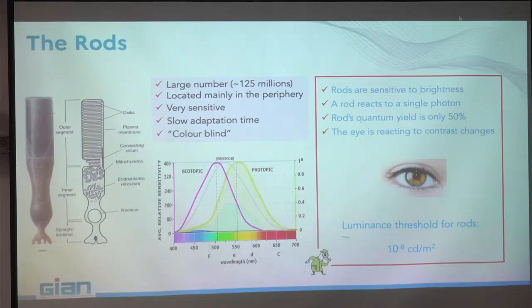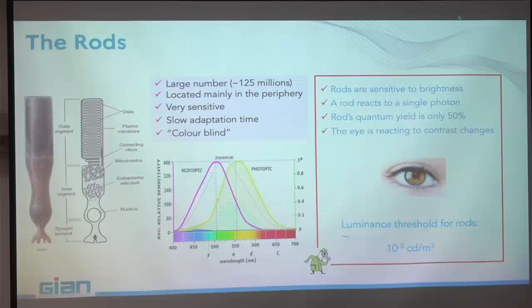Okay? The rods are sensitive to brightness. A rod reacts to a single photon, and here you see the yield is 50%. And in fact, what is striking for our eye is the brightness or the luminance, and more especially the spatial or temporal variation of brightness.